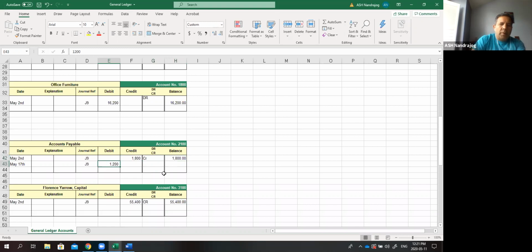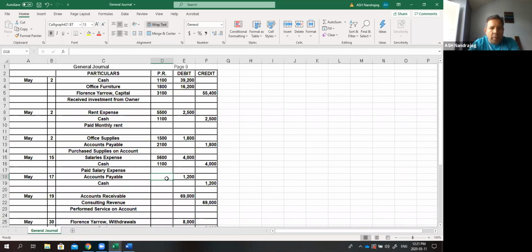Okay, now we have $1,200 of accounts payable being debited, and we will still have a credit balance of 600 because we had a credit balance of 1800. 1200 is debited out of that. So now our balance would be equal to 1800 minus 1200. So we can go back here, and accounts payable account number is 2100.